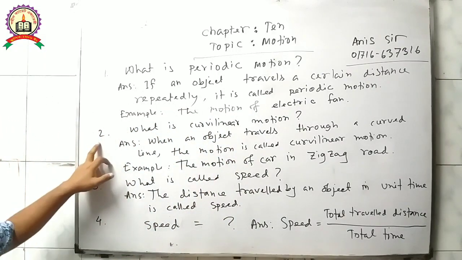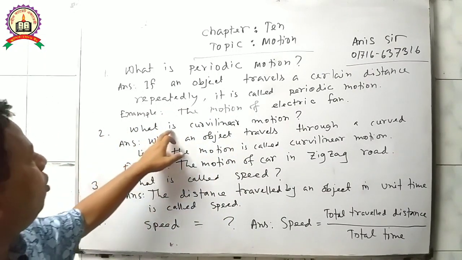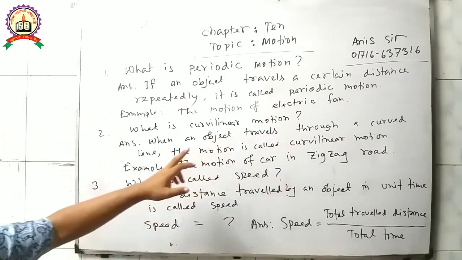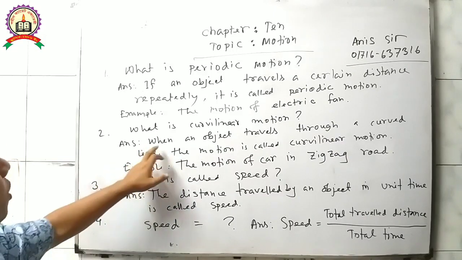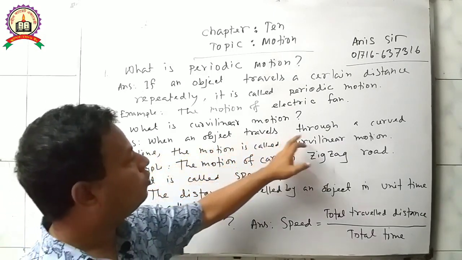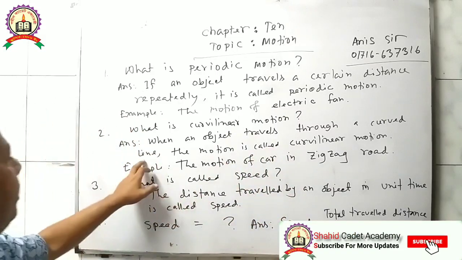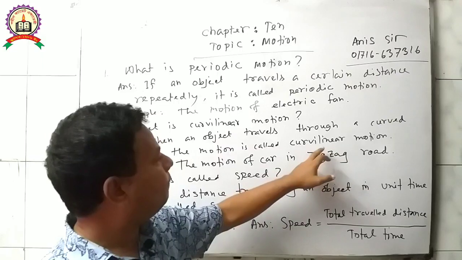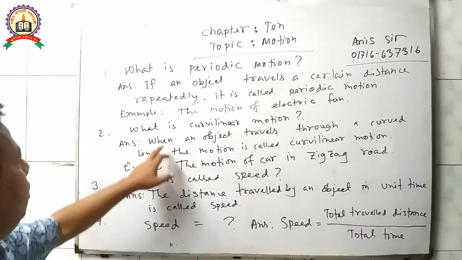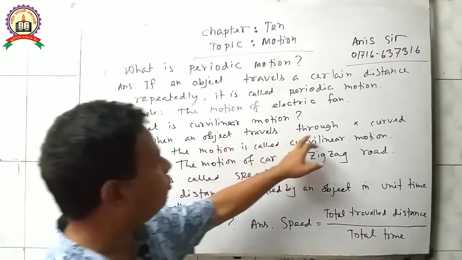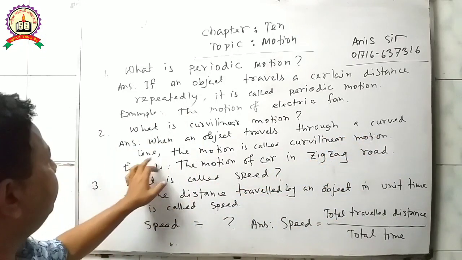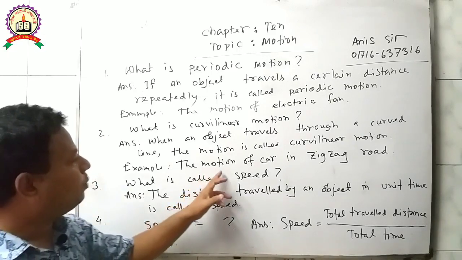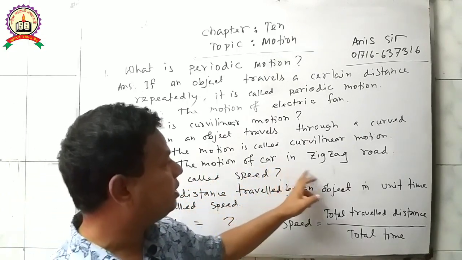Okay. Next, question number 2. What is curvilinear motion? Answer: When an object travels through a curved line, the motion is called curvilinear motion. For example, the motion of a car on a zigzag road.